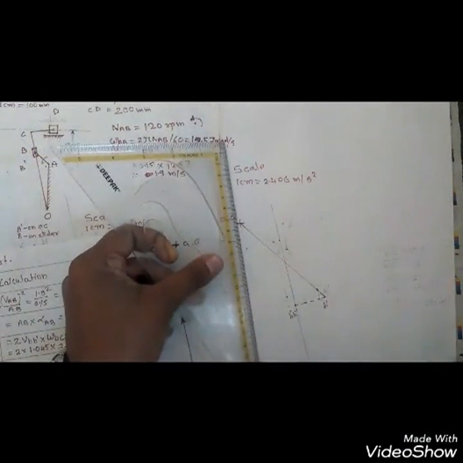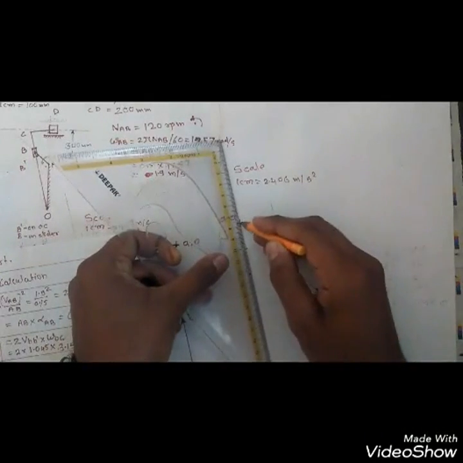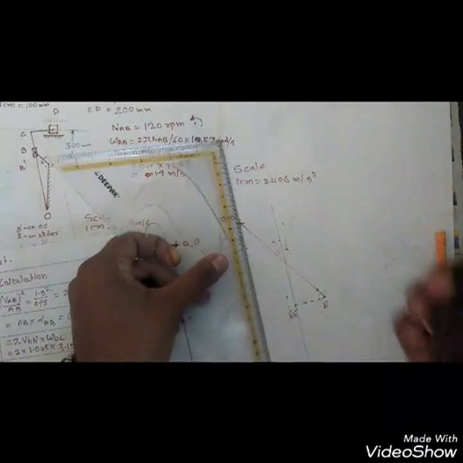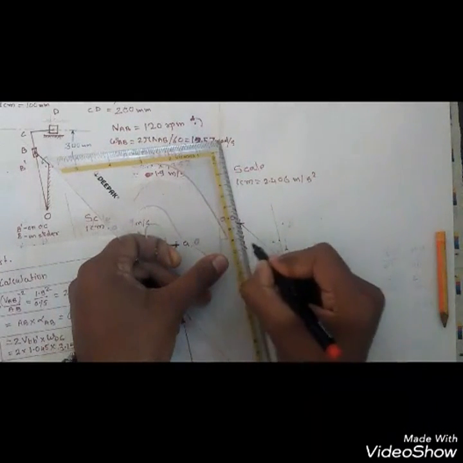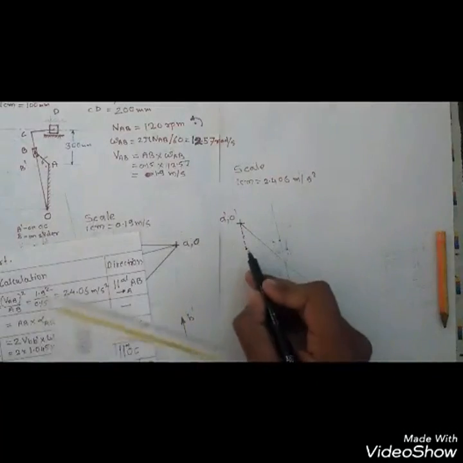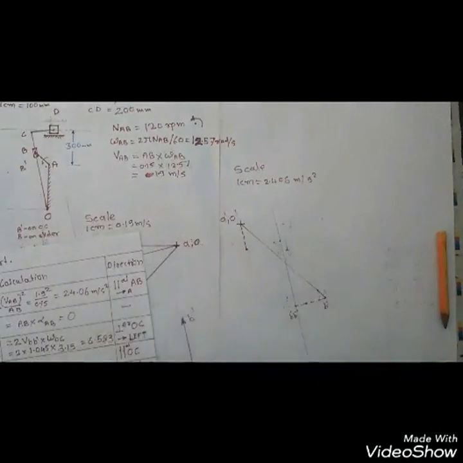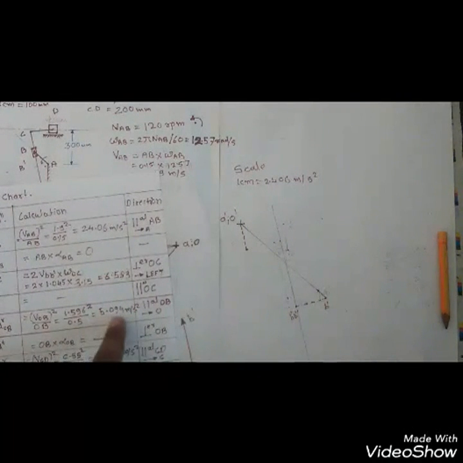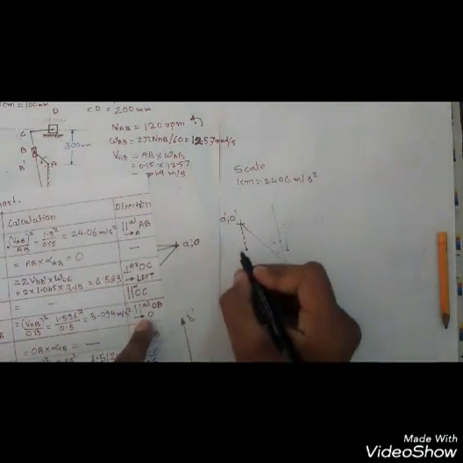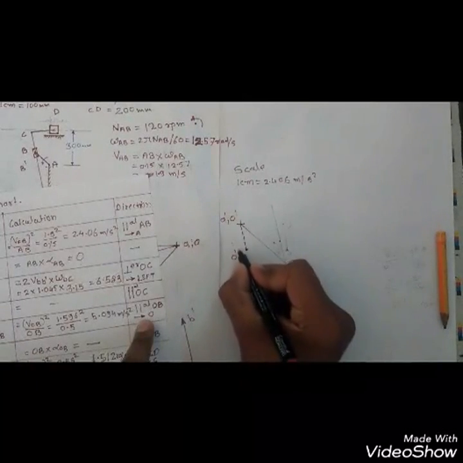O is in the downward direction. We draw these vectors with dotted lines. We know its magnitude and direction, 5.094 converted with a suitable scale, so you will get the point O dash B double dash.